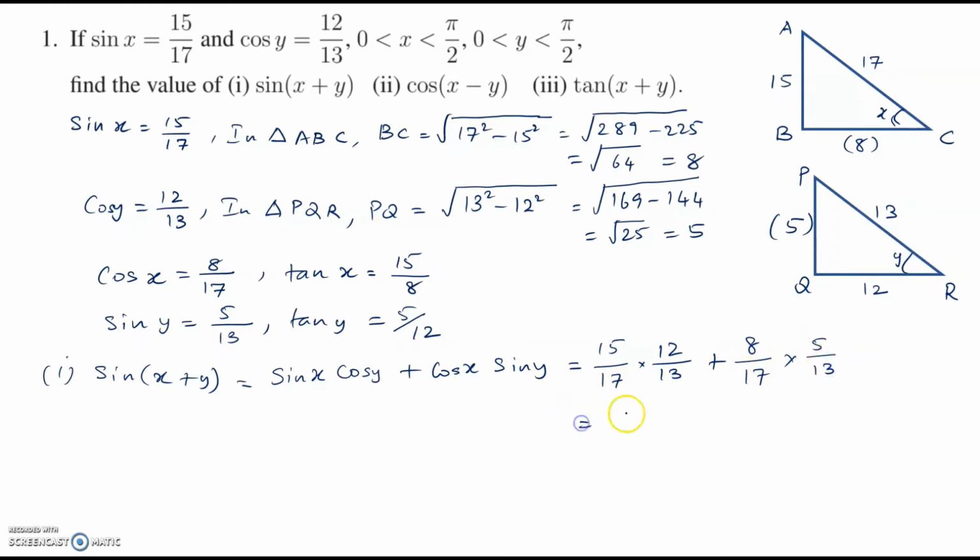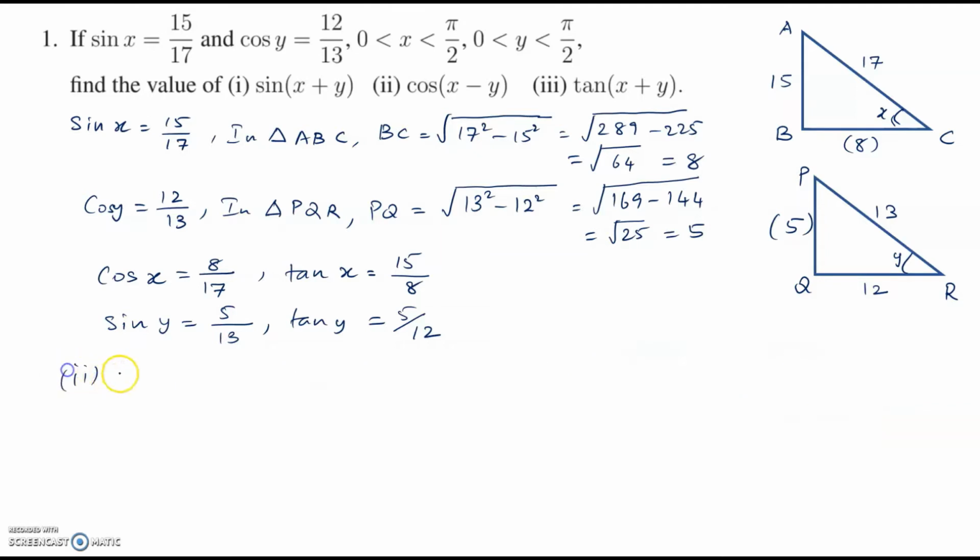So simplifying this, the denominator will be 17 into 13, 15 into 12 will be equal to 180 plus 40, that's equal to 220 divided by 17 into 13 is 221.